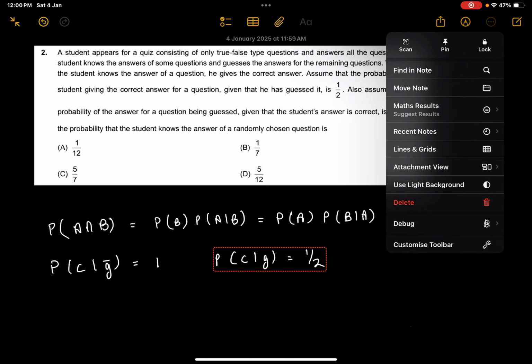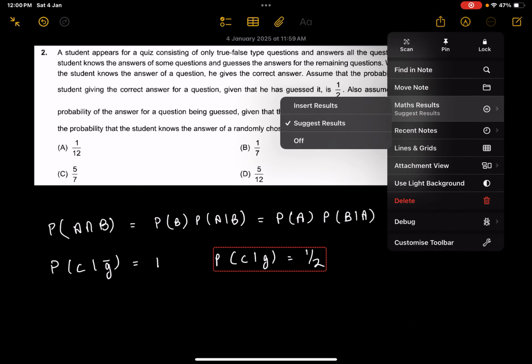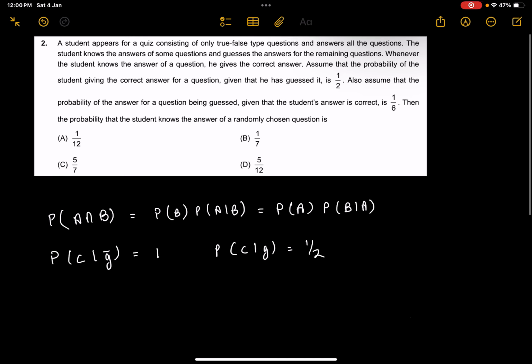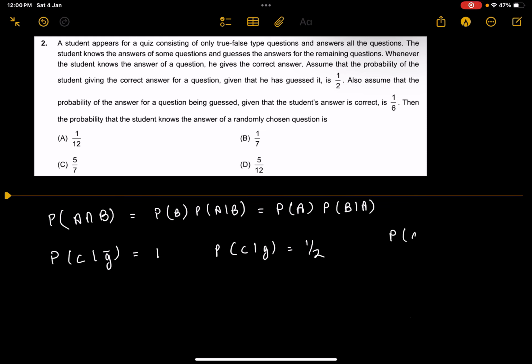Nevertheless, we are required to find the probability that the student knows the answer of a randomly chosen question, that is the question was not guessed. This is P(G bar).